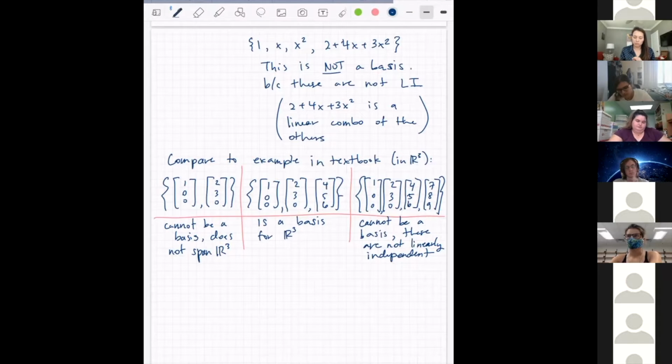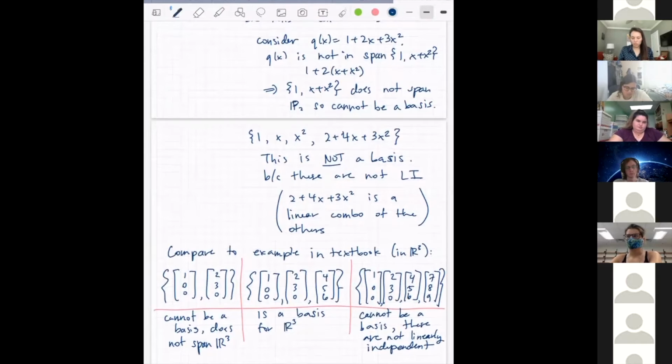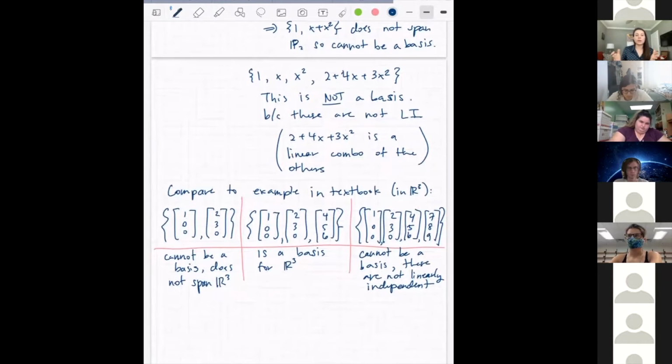Okay, so compare this to the previous example in terms of polynomials, it's essentially the same ideas, right? There is this correspondence between R3 and P2, the polynomials of degree 2. They're both three-dimensional vector spaces, and we'll see that finite dimensional vector spaces are essentially like Rn.